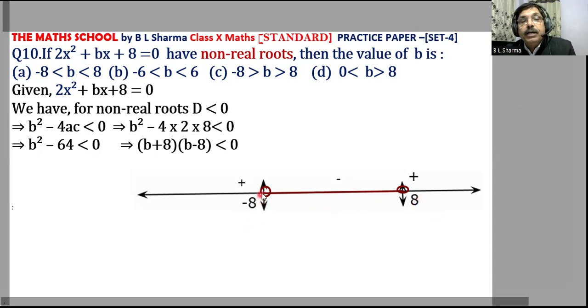In between means that b can be any value between them. The value of b should be greater than minus 8 and less than plus 8. So the value of b will be any value between minus 8 and plus 8, and this is the answer of this question. That's all for this question.